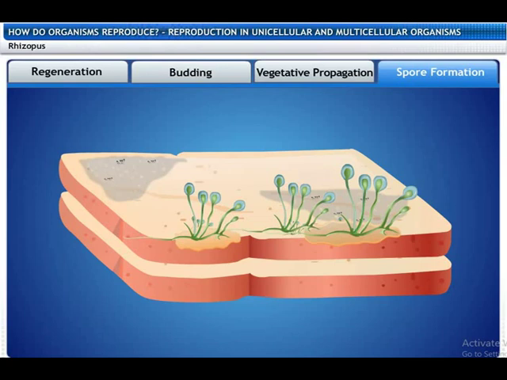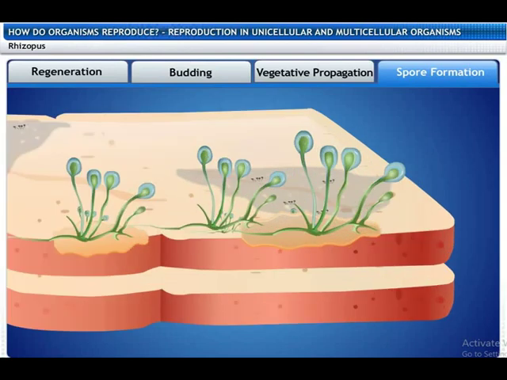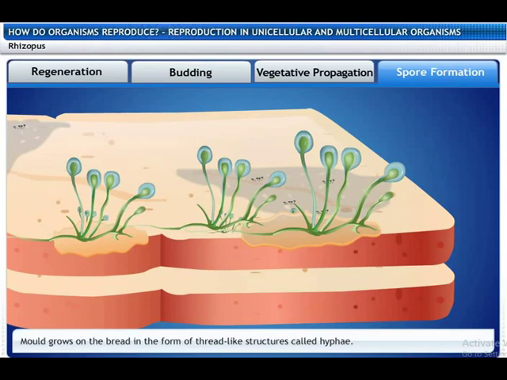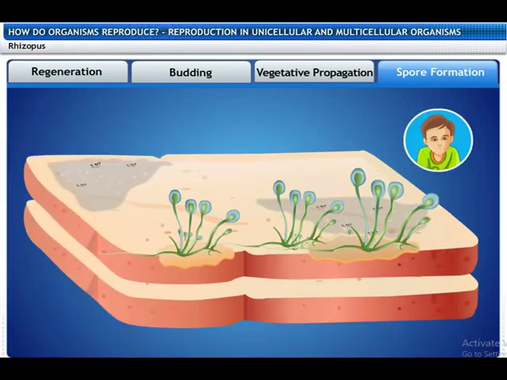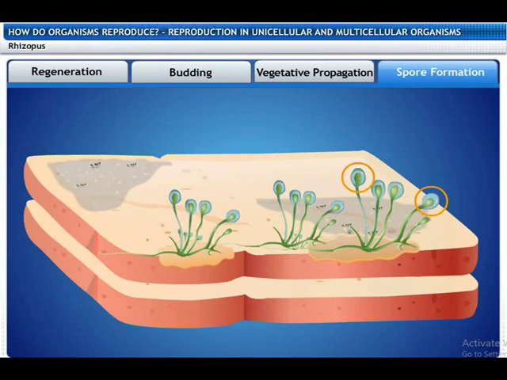Let's see if we can identify the specific reproductive parts of this rhizopus. Take a close look at this mold. It grows on the bread in the form of thread-like structures called hyphae. So where are the spores that help it reproduce? See those tiny blob on a stick kind of structures?